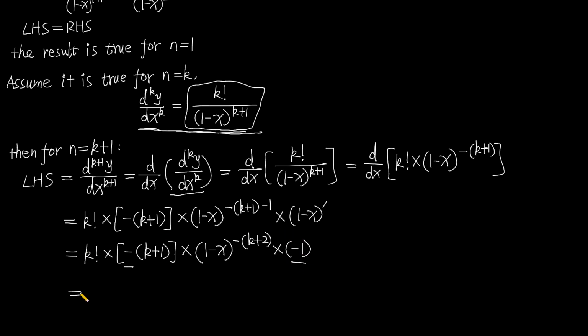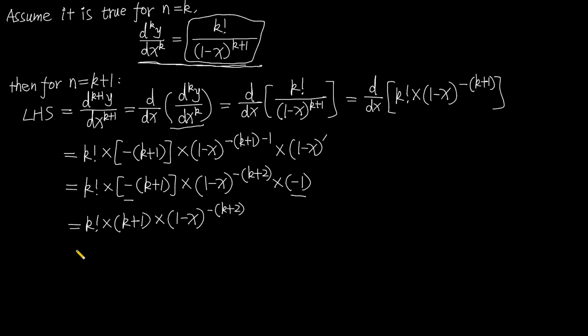So this equals k factorial multiply (k plus 1) multiply (1 minus x) to the power of negative (k plus 2). Now this equals (k plus 1) factorial over (1 minus x) to the power of k plus 2. This is the left-hand side.